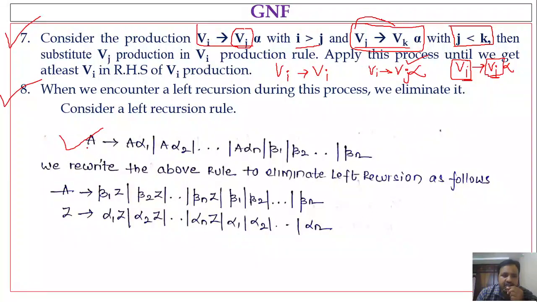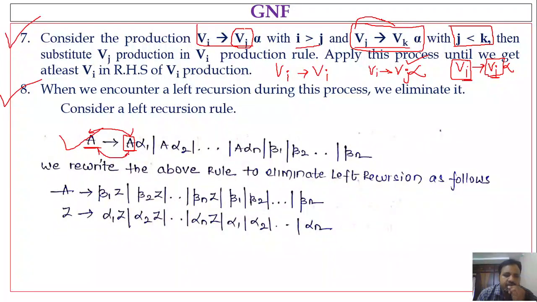We have the same variable in the left hand side of the production and as the first symbol in the body. If you observe, A denotes A alpha. So A is the head of the production in the left hand side, and in the right hand side, the very first symbol is also A. So both the symbols are the same.